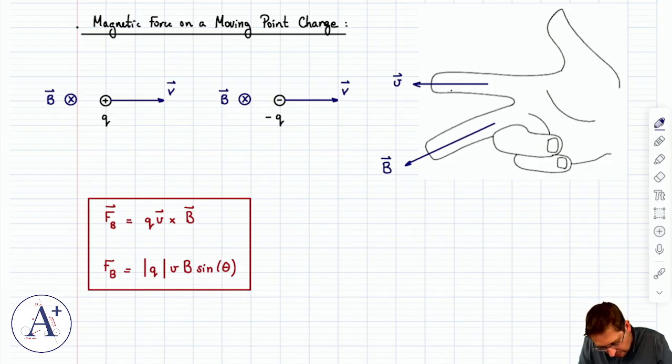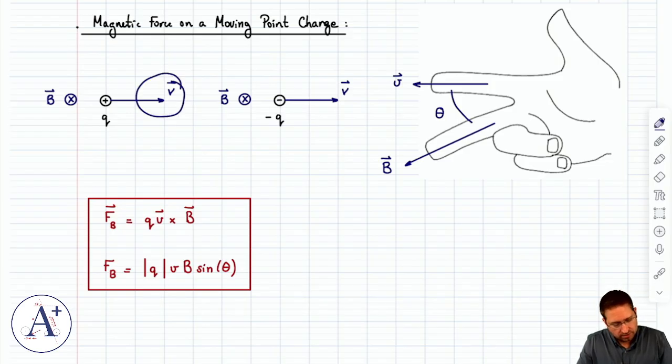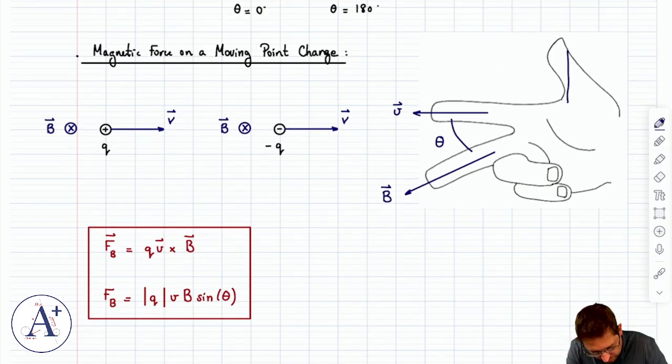And the angle formed with the forefinger is going to be theta, the angle between the two. Most of the time it's 90 degrees. For example, here the angle between V and B is 90 degrees because B points into the page. And then your thumb is going to give you the direction of the magnetic force.